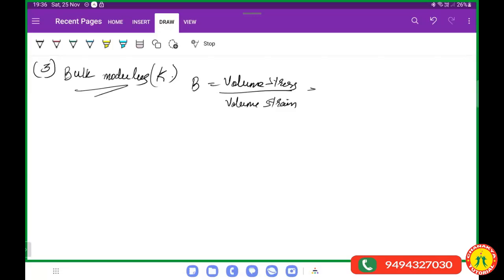Actually it can be in solids also, liquids also. No need to get so much stress about this. Simple. So force by area by change of volume by volume. We can change it to delta P by delta V by V. Force by area is pressure, negative pressure.